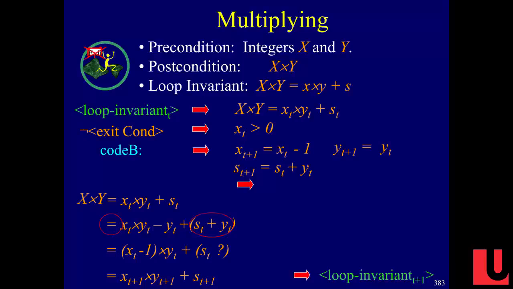This step here? Well, I didn't have this part of the code, so I didn't know what this is. And then I had to make this an equal sign. So how do we make it an equal sign? Well, this clearly cancels with that. And all we have is that this equals this plus this.